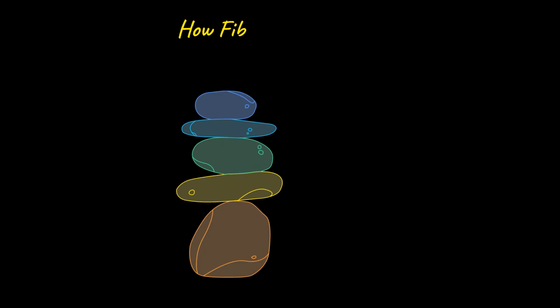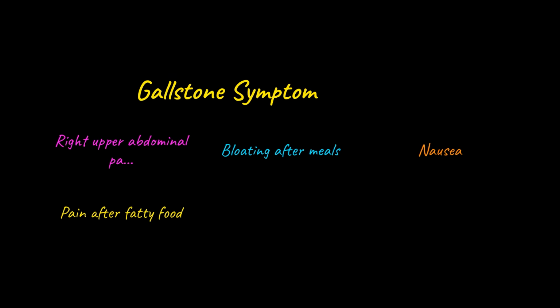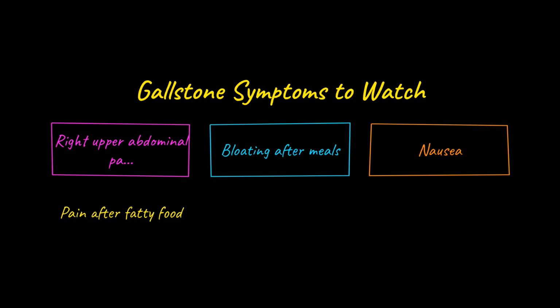which is exactly why statins alone aren't sufficient for this job. Fibrates cause the liver to push excess cholesterol into bile. When bile becomes oversaturated with cholesterol, it begins to crystallize, forming hard gallstones that can lodge in the gallbladder or its ducts. The classic warning signs are right upper quadrant abdominal pain, bloating, nausea, and discomfort after fatty meals, all pointing to the gallbladder.